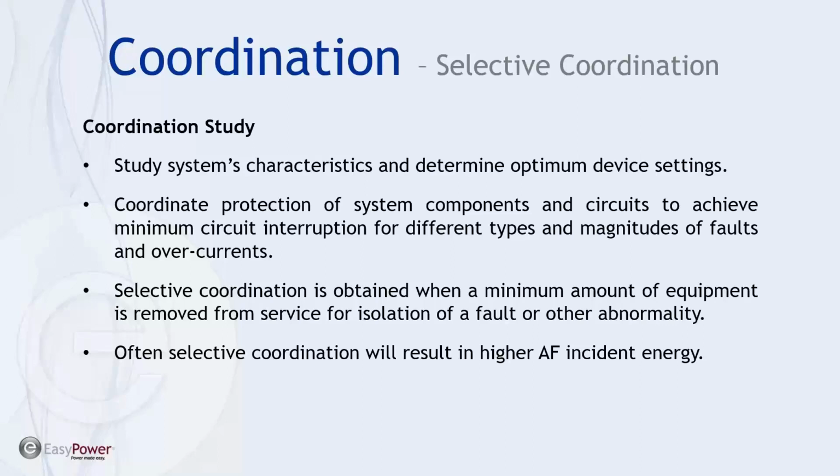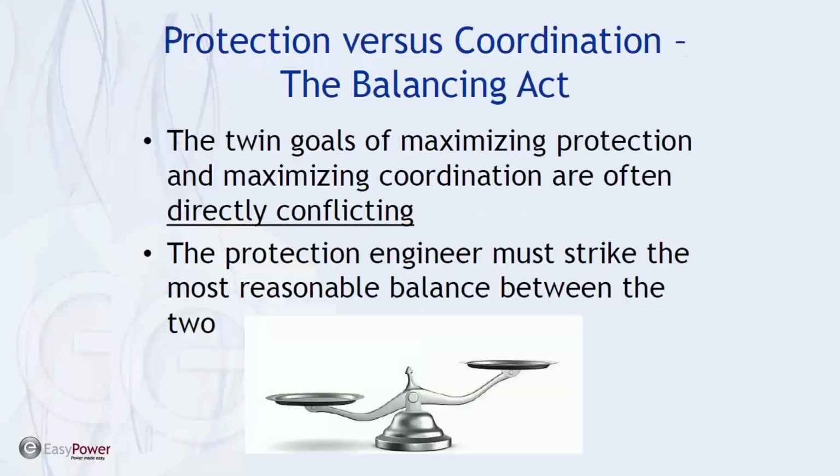So it's something of a balancing act. The twin goals of maximizing protection and maximizing coordination very often directly conflict, and the protection engineer must strike a reasonable balance between the two. Some of that can be company policy, some of it can be recommendations as far as personnel safety. So that's where things get into a bit of a sticky wicket.